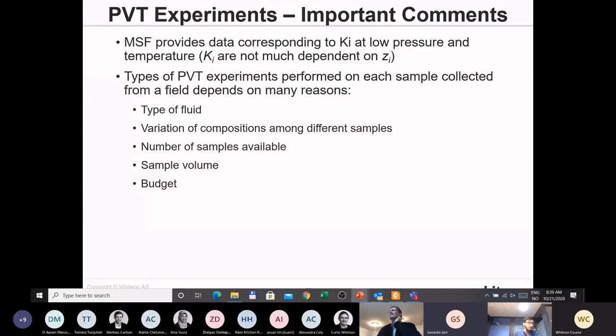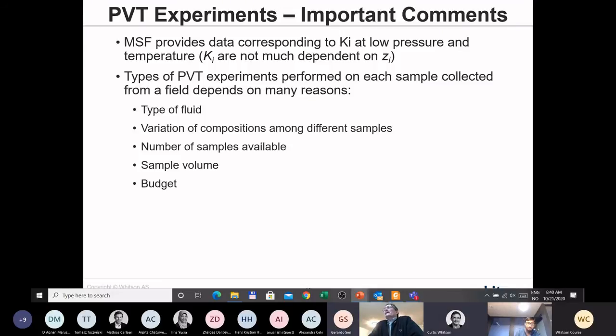Yeah. So Bilal, you mentioned the changes in composition between the DLE and the CVD and the difference, but that's just a function of the number of steps we have, right? Well, I think it's a function of the number of steps, but also the process itself, because the DLE removes all of the gas, right?